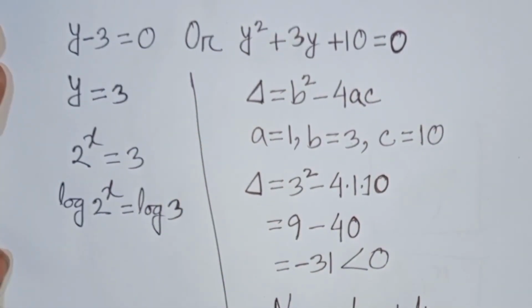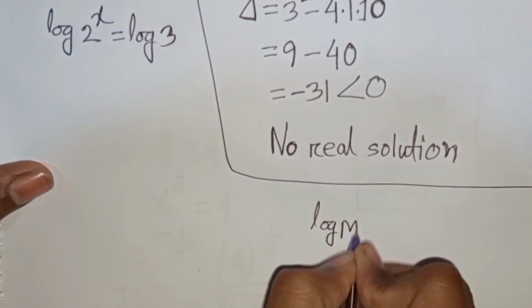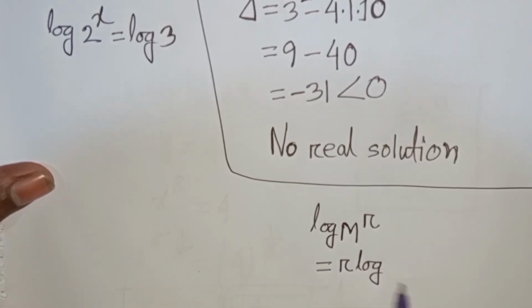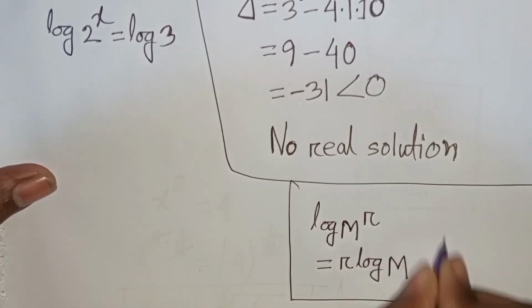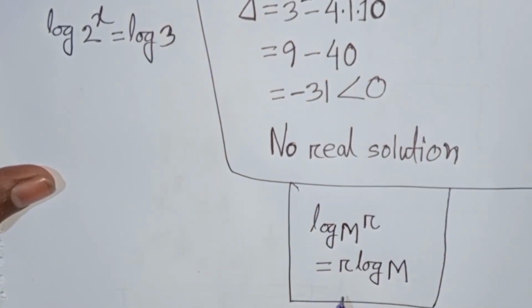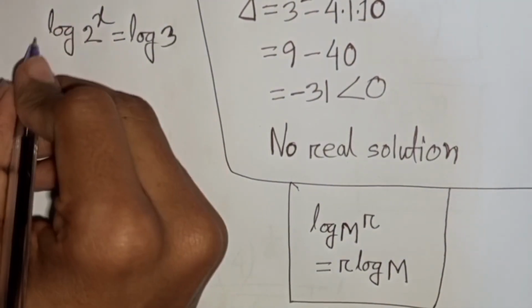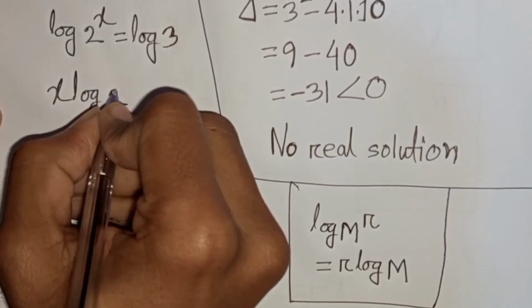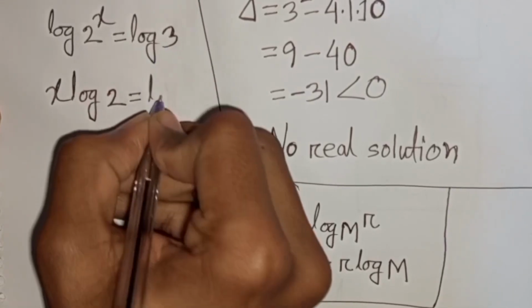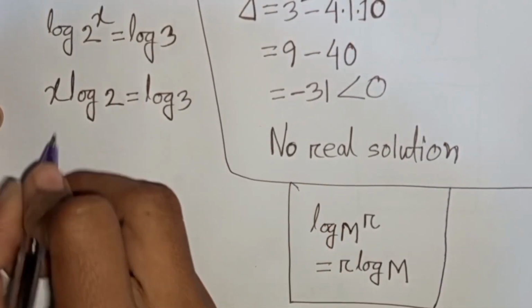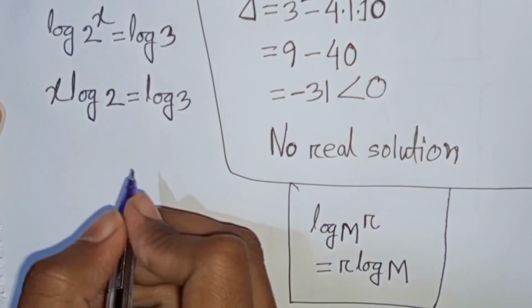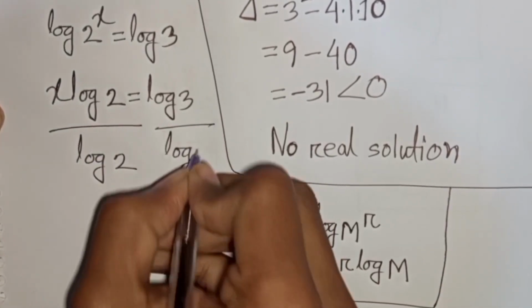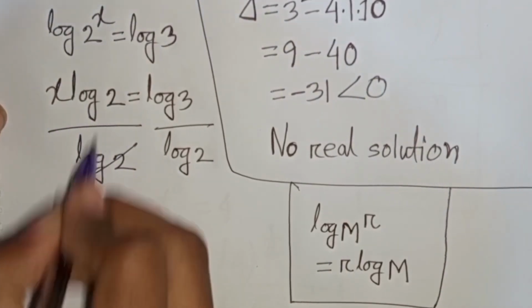Now here I can apply the rule that log m power r is equal to r log m. That means this power moves to the front. So according to this rule, this power x will move to the front. So you can write here x log 2 is equal to log 3. Now we need the value of x, so divide by log 2 on both sides. Now we see this log 2 will be cancelled.